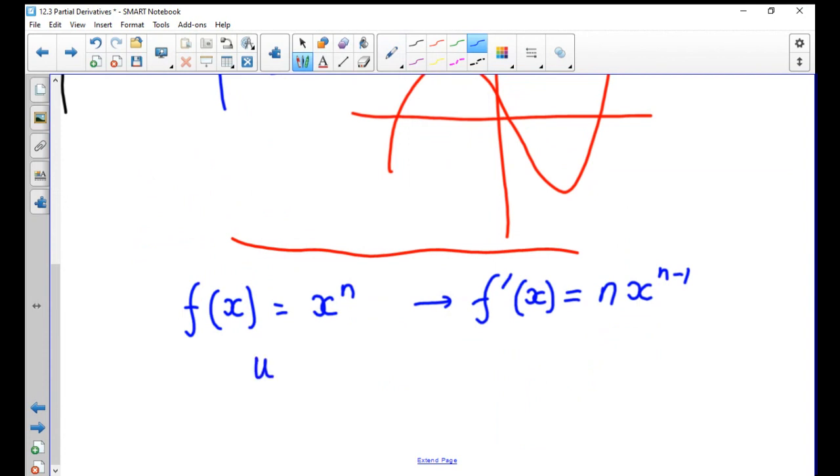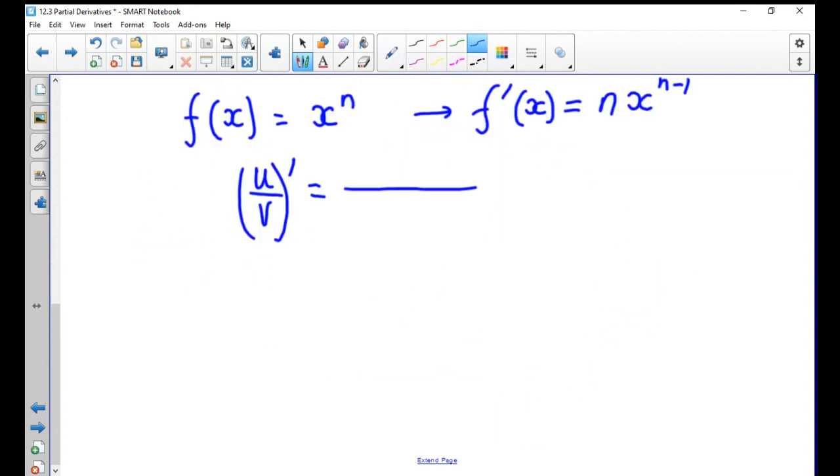If you have a function u over v and you want its derivative, then I hope you remember the rule: the derivative of u multiplied by v minus the derivative of v multiplied by u, over v squared. You know what this rule is called? The quotient rule. Yes, the quotient rule.